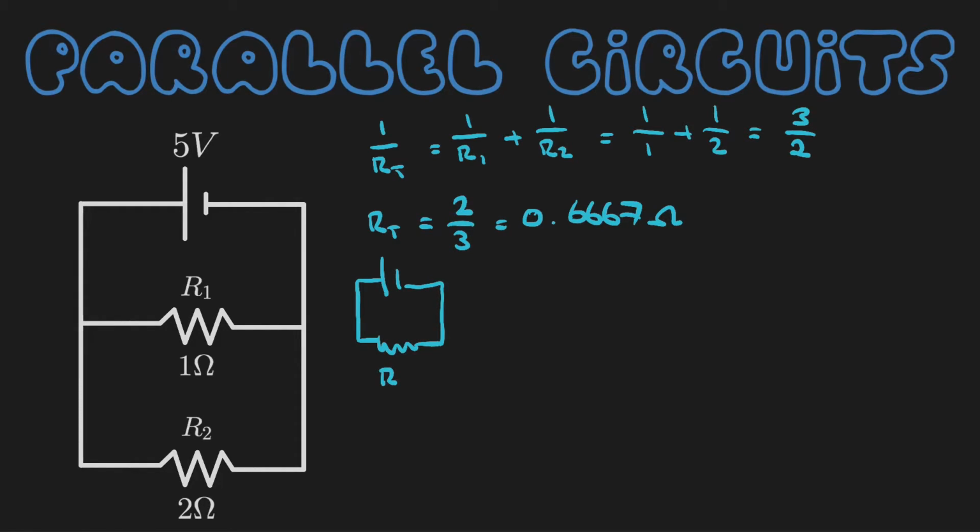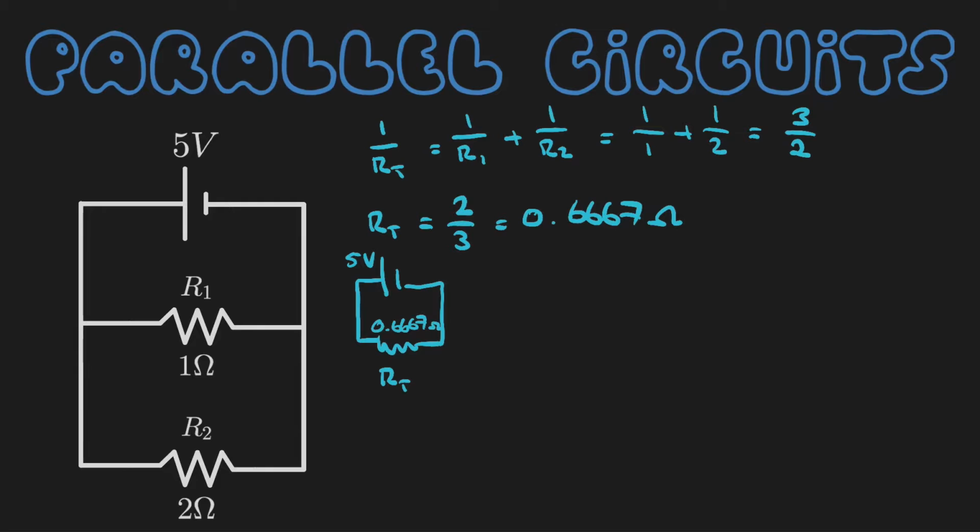And that's RT, and that's 5 volts, and this is actually 0.6667 ohms. Now, this circuit now looks like a series circuit. We don't have these two branches, right? So we now can apply the same formulas that we did with the series circuit to our equivalent circuit, which is a series circuit. Makes it much simpler.